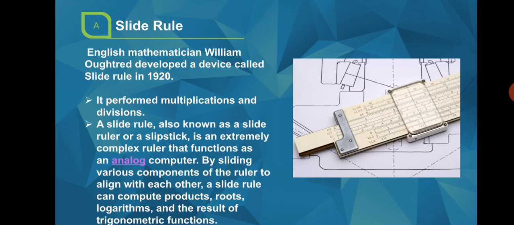Or you can say the slide rule is actually the base of the analog computer. By sliding various components of the ruler to align with each other, a slide rule can compute products, roots, logarithms, and the results of trigonometric functions.